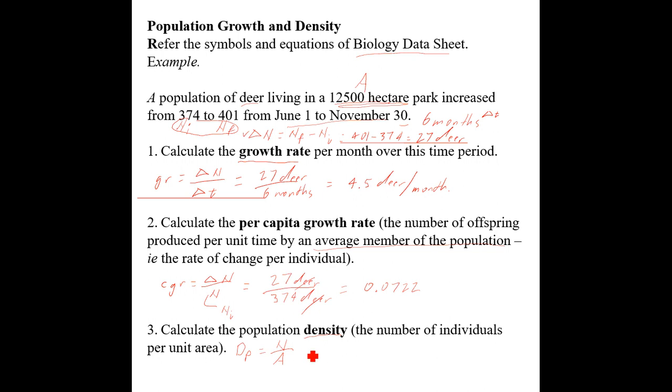Here I'll just use the final population density, and that is the 401 deer divided by the area that we have, the 12,500 hectares, and that just works out to 0.0322 deer per hectare.